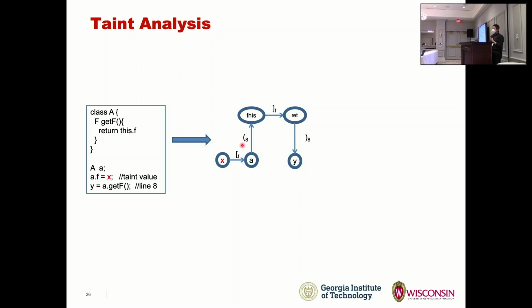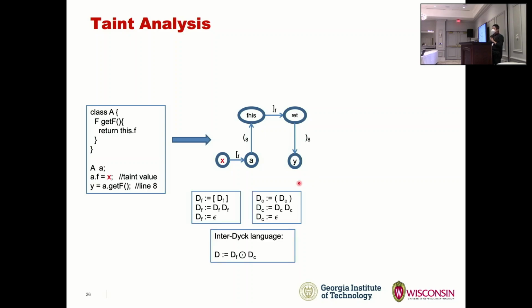We know that in order to do context-sensitive analysis, the function calls and returns must also be properly matched. If we express this property in a formal way, we end up with two Dyck languages, where the first Dyck language describes the matched field read and write, and the second language corresponds to the function calls and returns.